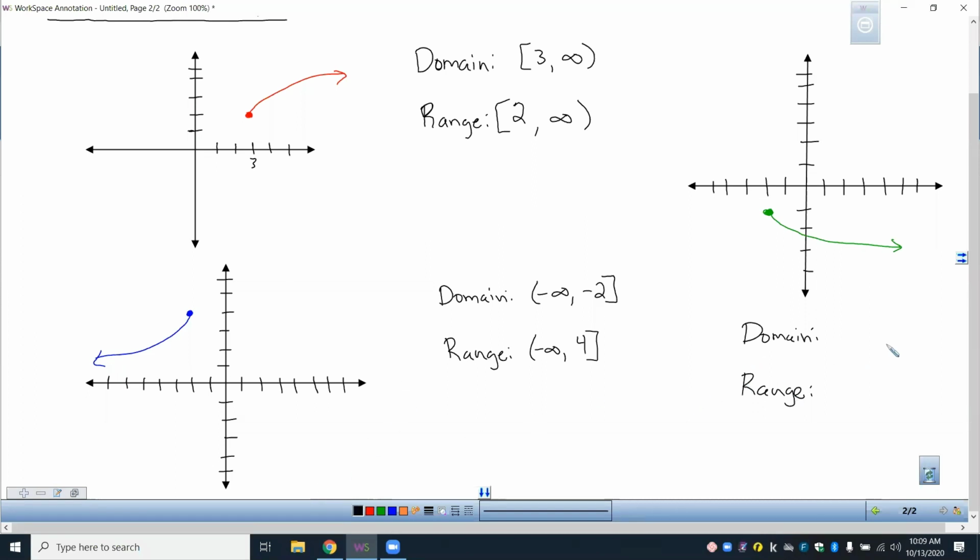Where does our domain start for this one? -2. Okay, so bracket -2, and it continues to.